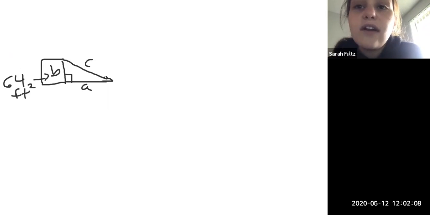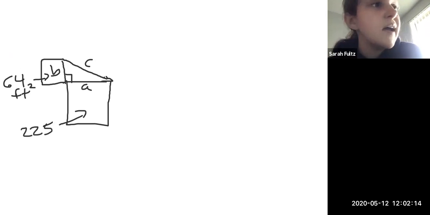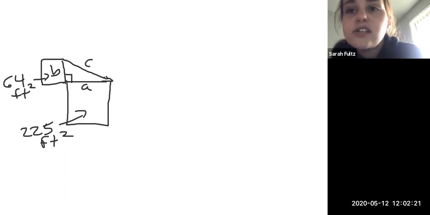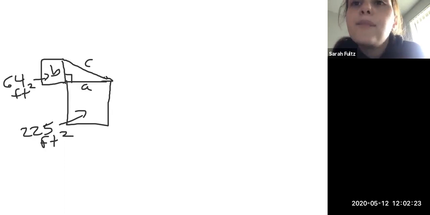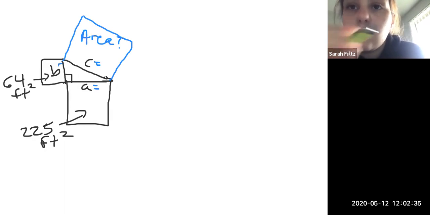And we have the area here for A squared, and that is 225 square feet. And what we want to figure out here, in addition to what A and B's lengths are, is the length of C and the area of C squared. So we want to know what is the area here. We want to know what C equals, what A equals, and what B equals.